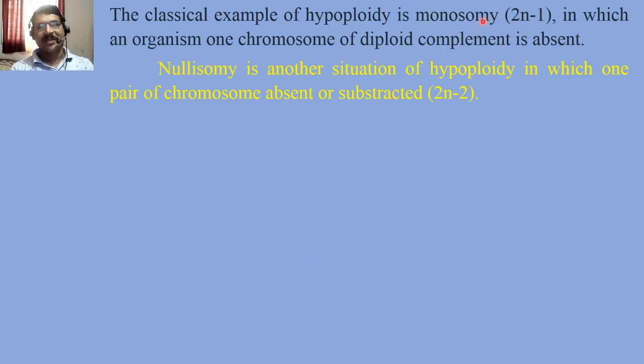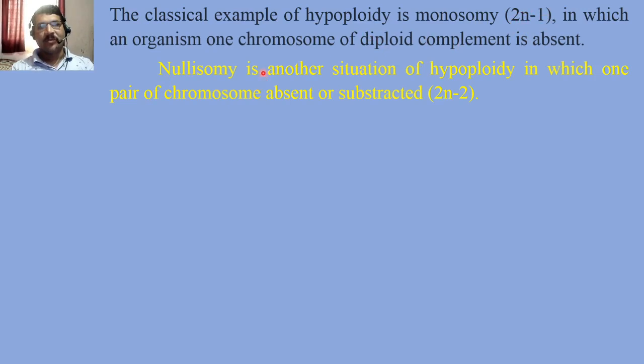Monosomy is the condition when only one chromosome gets subtracted or removed or lost from the basic chromosome set. This is represented by the genomic formula 2n-1. So 2n is the diploid chromosome number, and when only one chromosome is subtracted from this diploid chromosome number, it is known as monosomy.